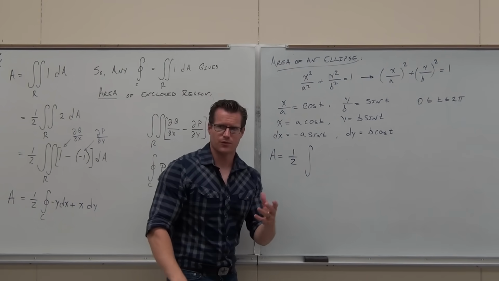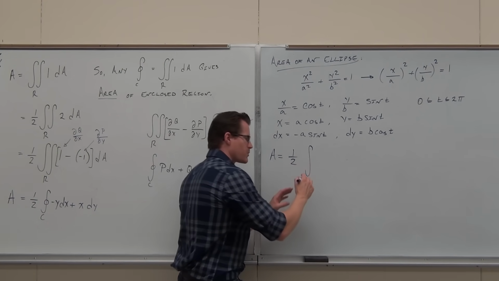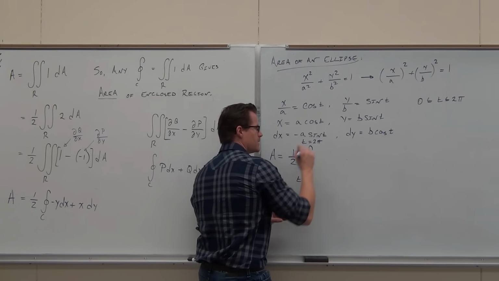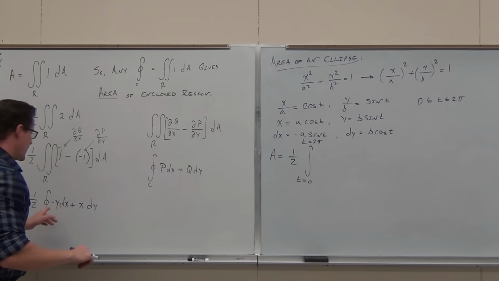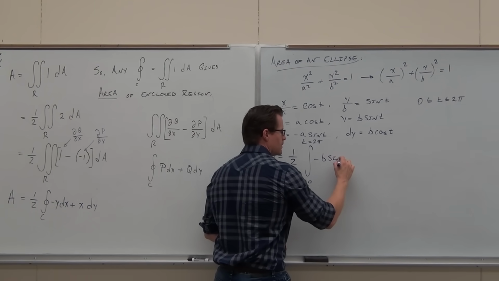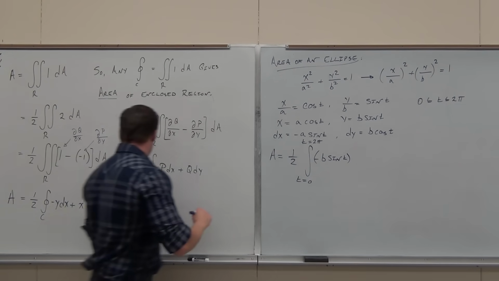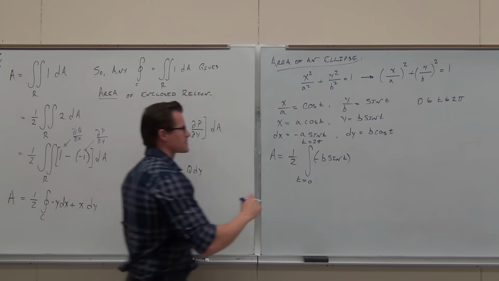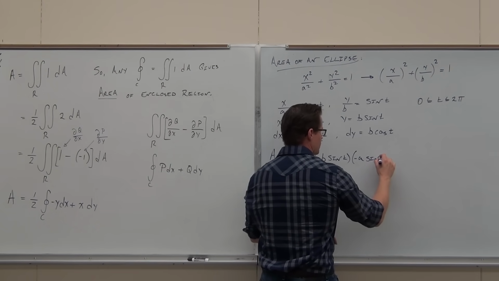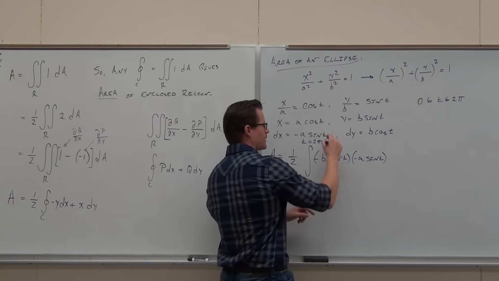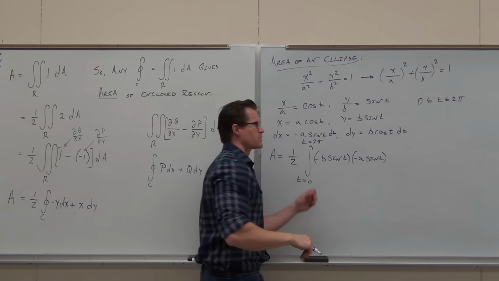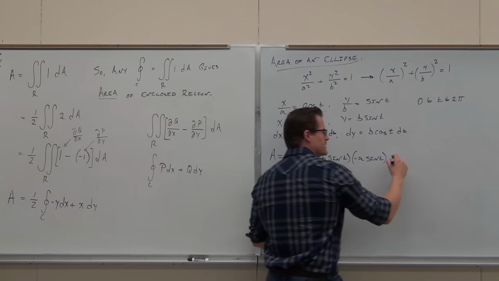Okay, what's a simple closed curve? Well, it's the curve that we've just reparameterized from t equals 0 to t equals 2 pi. Inside, we have a negative y. We have a dx. Because we took derivatives with respect to t, we have a dt.